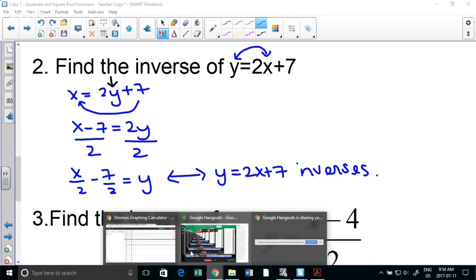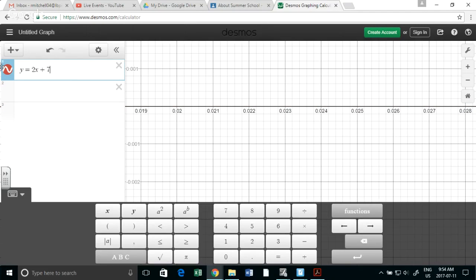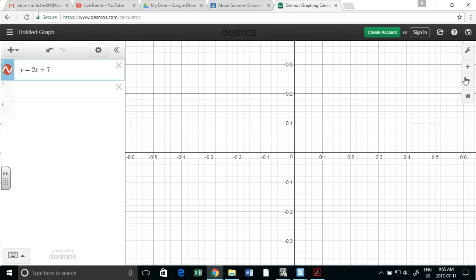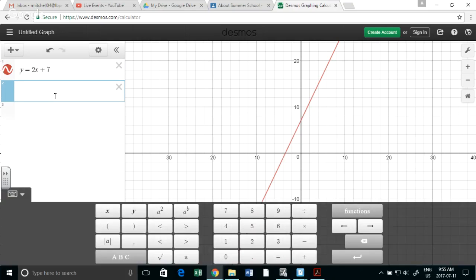So if I graph them, I'm going to zoom out here. There we go. And x divided by 2 minus 7 divided by 2 equals y.